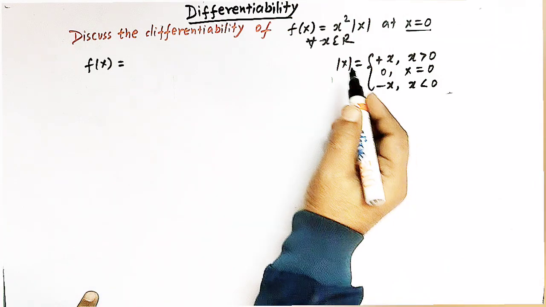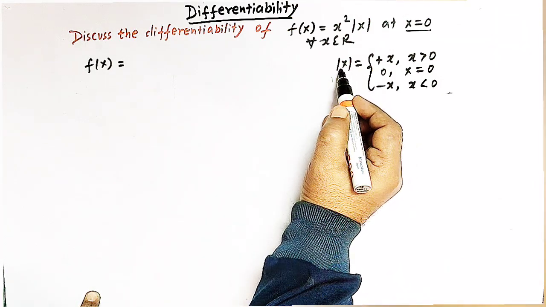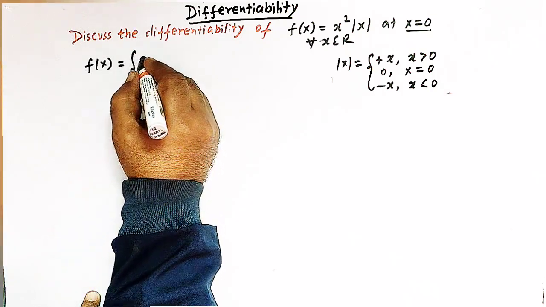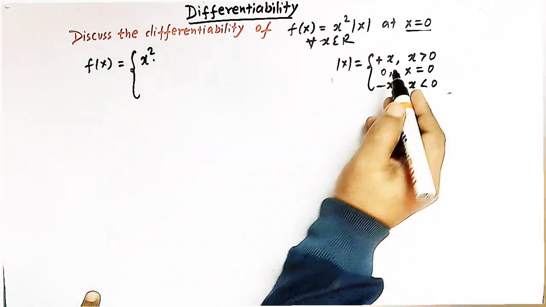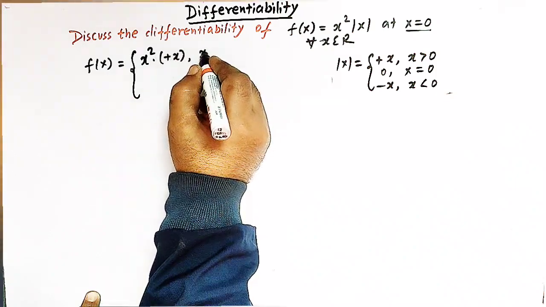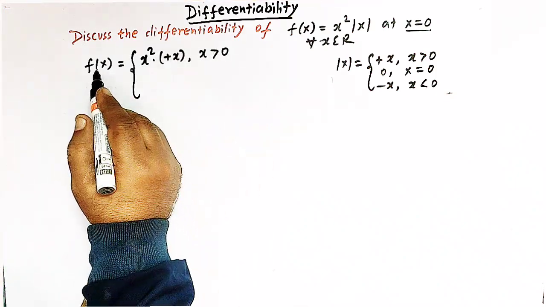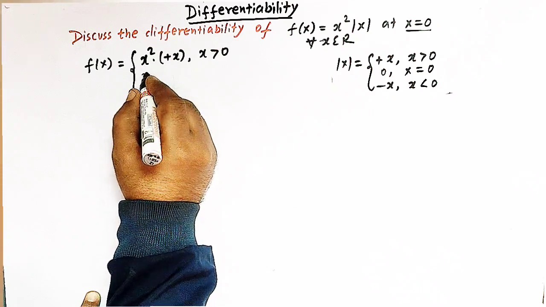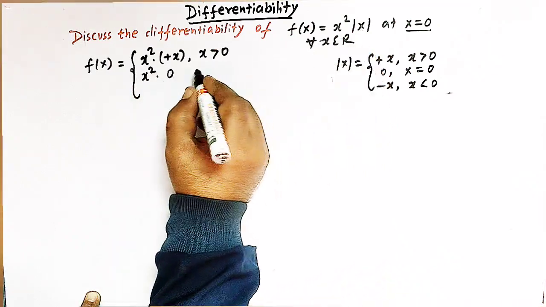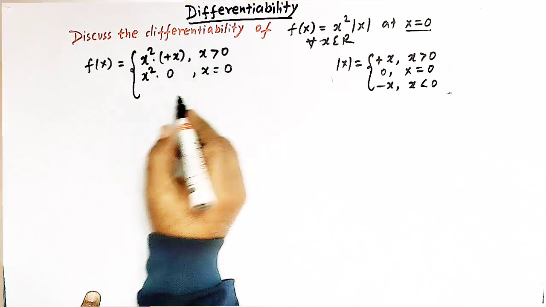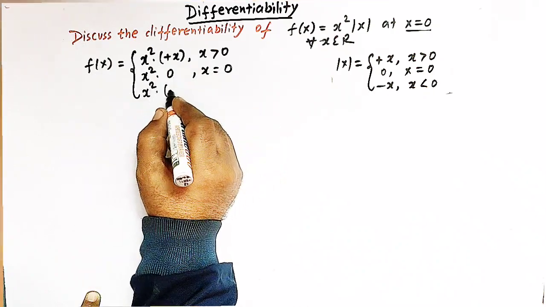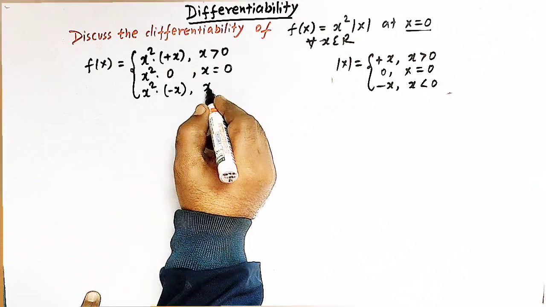So here using this definition of mod x, we can now write f of x as x square times positive x whenever x is greater than 0, and f of x is equal to x square times 0 when x is equal to 0, and f of x is equal to x square times negative x whenever x is less than 0, right?